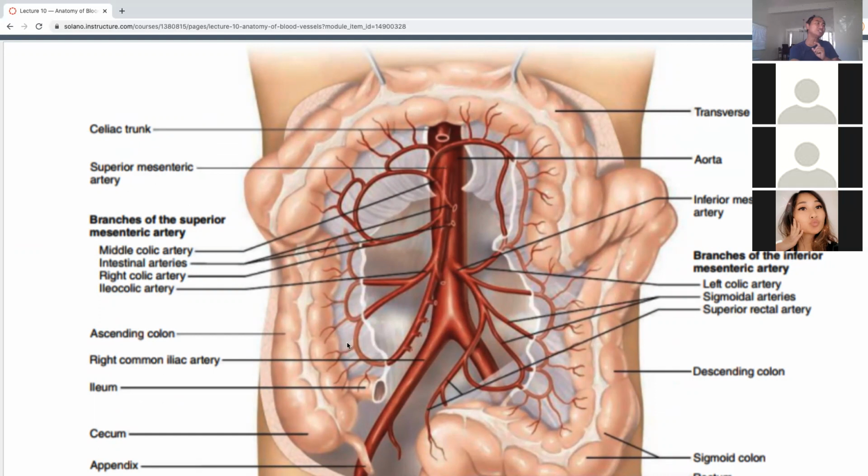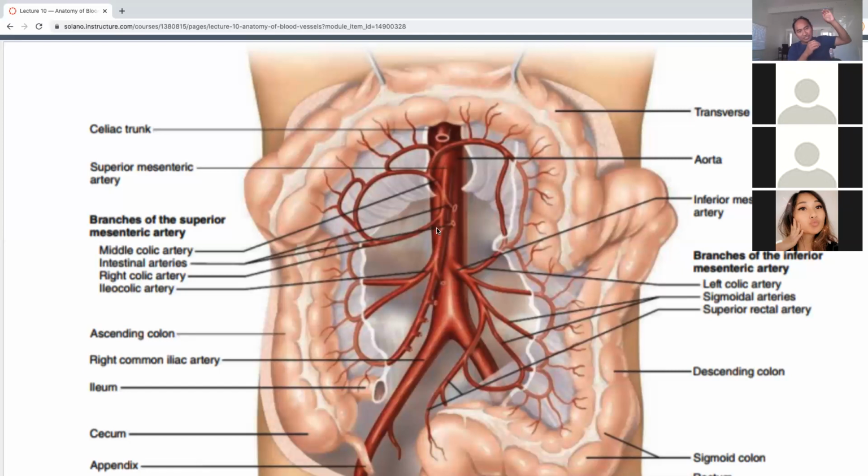It will give supply to the mesentery. The mesentery is the structure which connects the colon attached to the back of the body, and it gives the supply to the small intestine. The superior mesenteric artery supplies the small intestine and the large intestine like the cecum, ascending colon, and transverse colon, up to the junction of the right 2/3 and left 1/3. So that is the job.